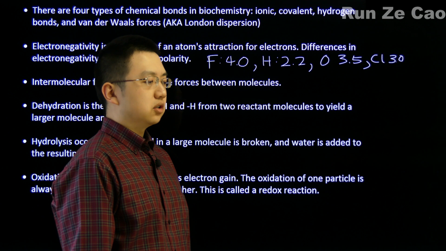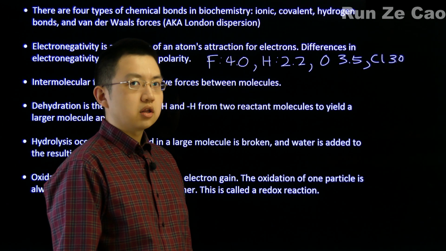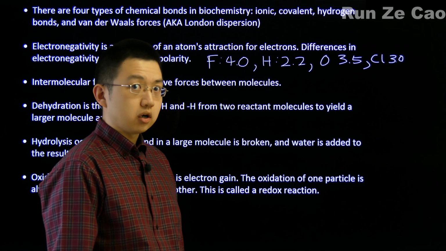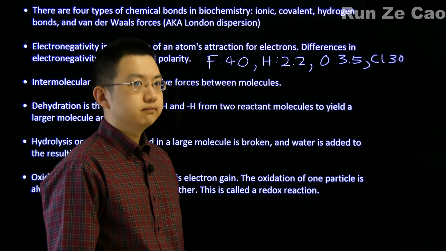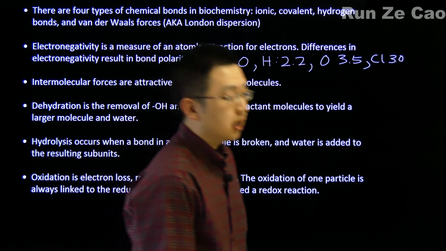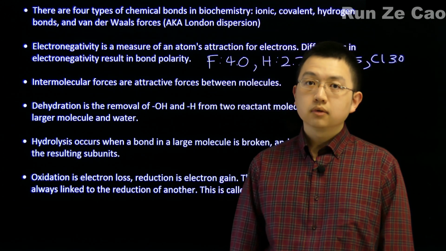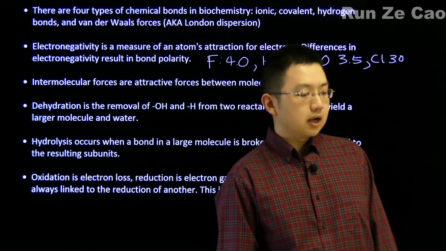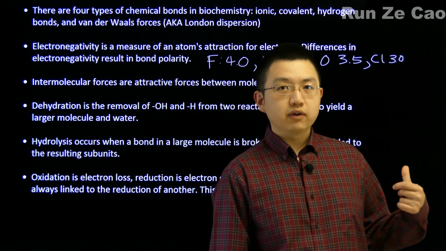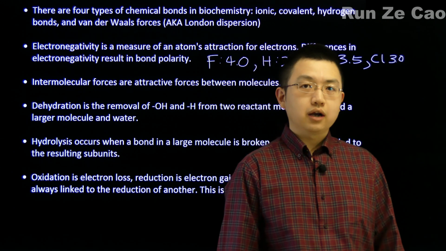We know that hydrogen chloride dissociates really readily in water. Why? Well, the chloride anion is very stable, which helps promote dissociation, even though it's not nearly as ionic a bond as, say, hydrogen fluoride.